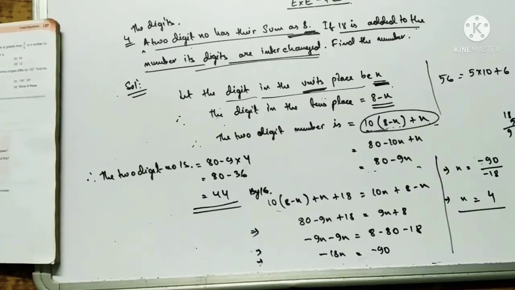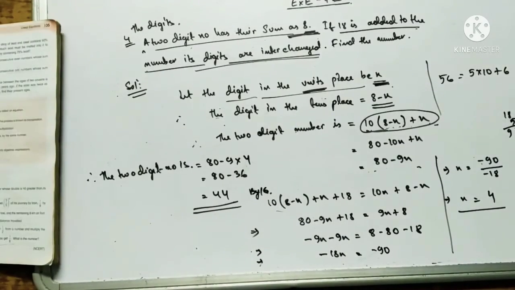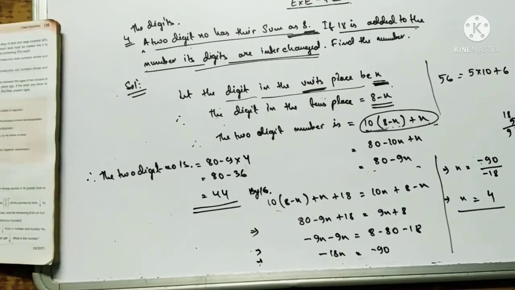So the two-digit number is 44. X is equal to 4, so 80 minus 9 into 4 is 36, and this will be 44. If 18 is added to the number, its digits are interchanged. Find the number.